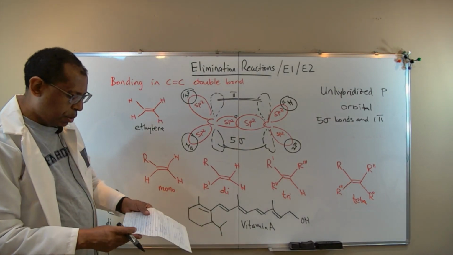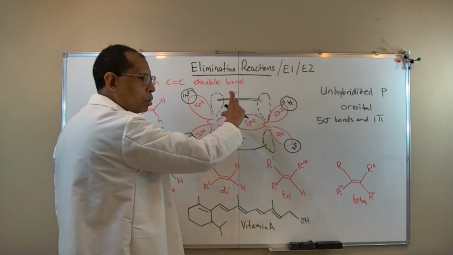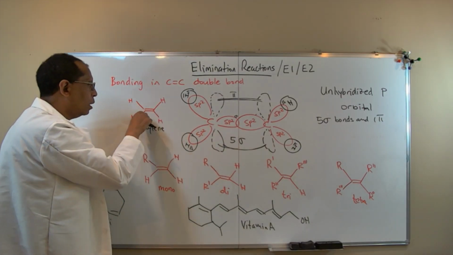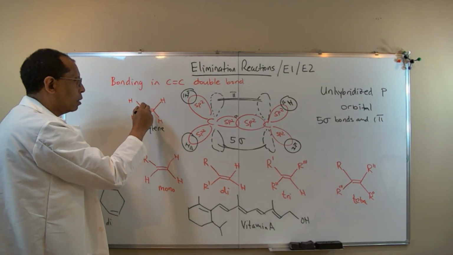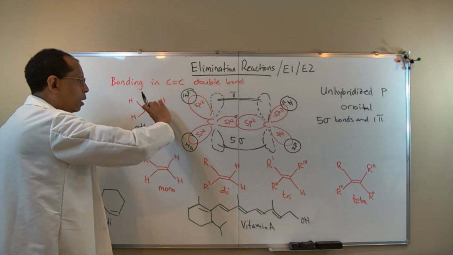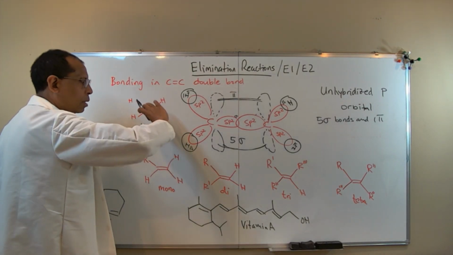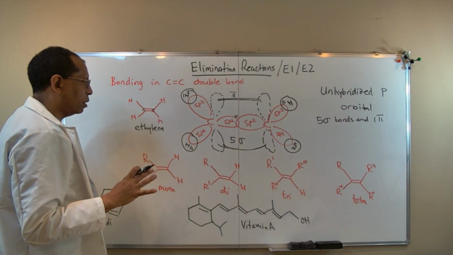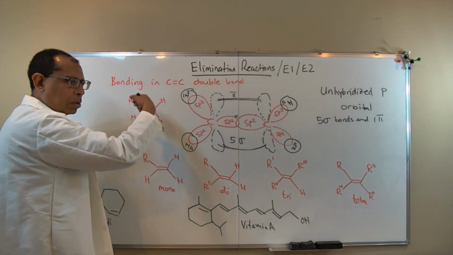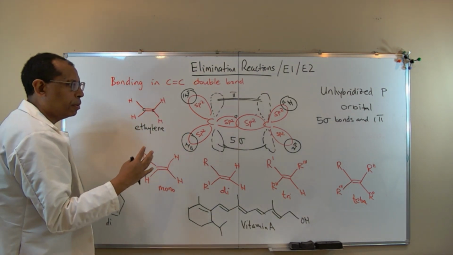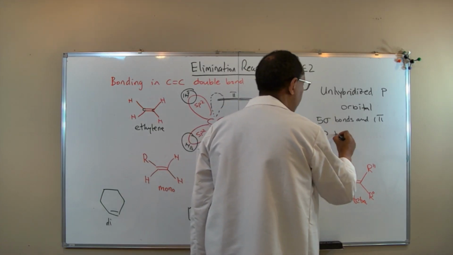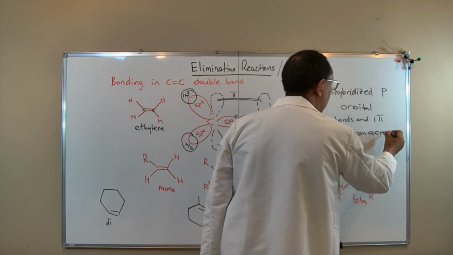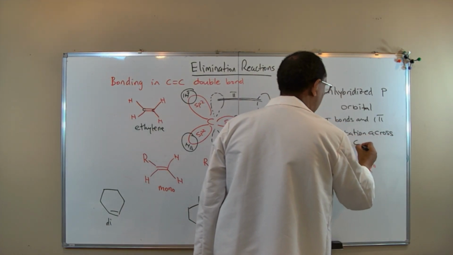One thing you should remember is that due to the presence of the pi bond and the sigma bond across this bond, these are not rotatable. You can't rotate across this carbon-carbon. You cannot rotate, for example, holding this and trying to rotate. That will break the bond. So there is no rotation across the carbon-carbon bond.